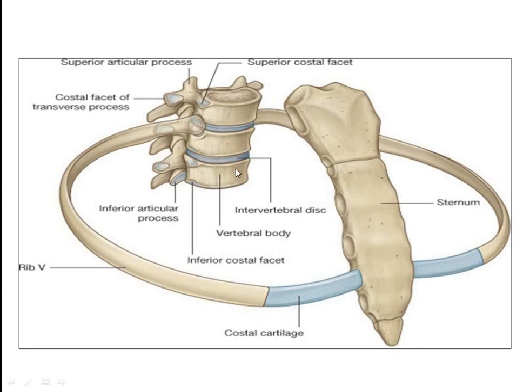This articulation is very important: how a particular rib is articulating anteriorly with the sternum or posteriorly with the body and the transverse process of the vertebra.